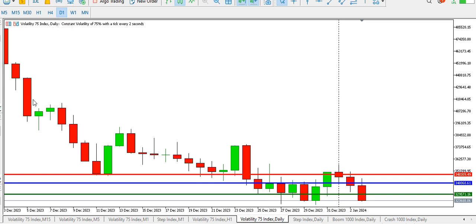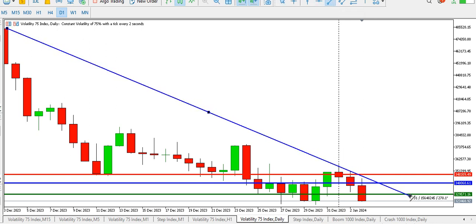Another thing to note is that we have a bearish structure on the daily time frame, as price continues to give us a lower high, lower low, lower high, lower low, repeatedly. So price might likely give us a lower low next, in as much as we have this lower high around here. So we might likely see a break of this structure to the downside.